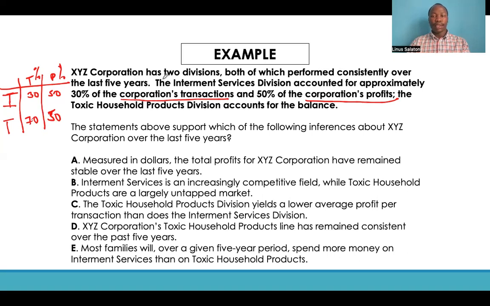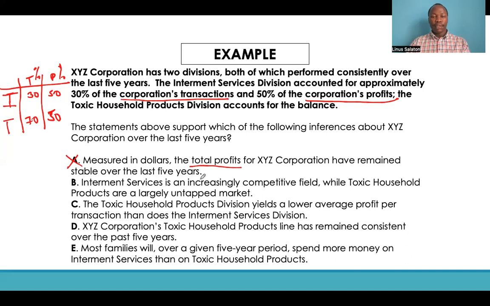However, no reference is given to the corporation's total profits, right? So this is not provided in the passage, therefore out of scope, making answer choice A incorrect.